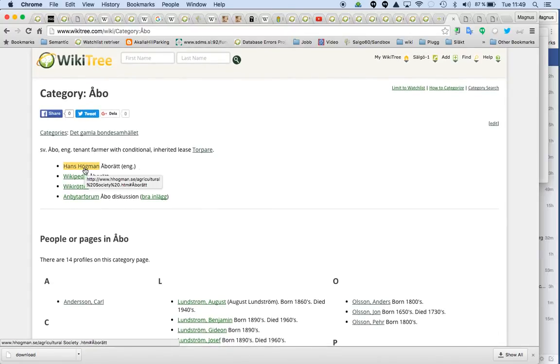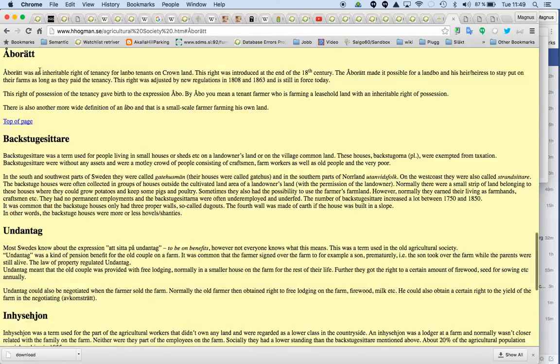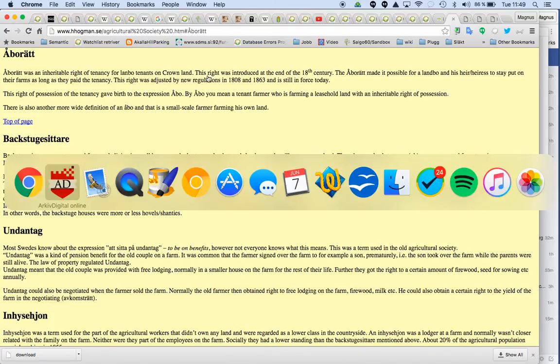Hans Högman has written in English, excellent, describing what åborätt was, the inheritable right of tenancy for land, but tenants on crown land. So in 1800 you got the right to have this land, and so then you had a position in the village, I think.